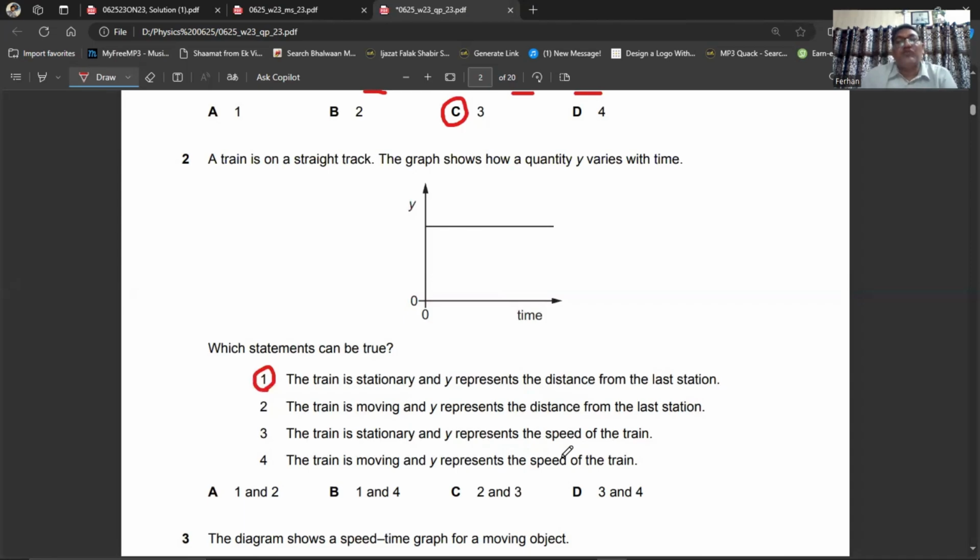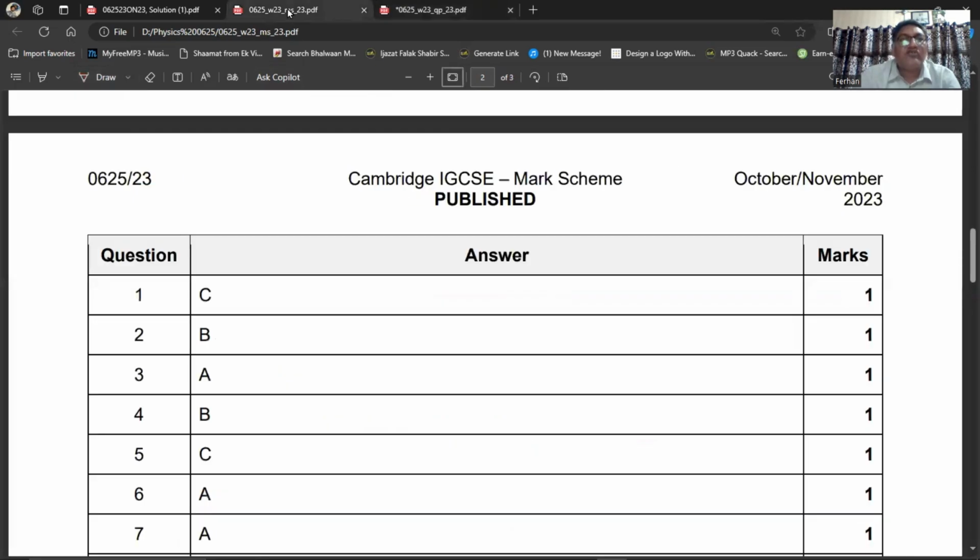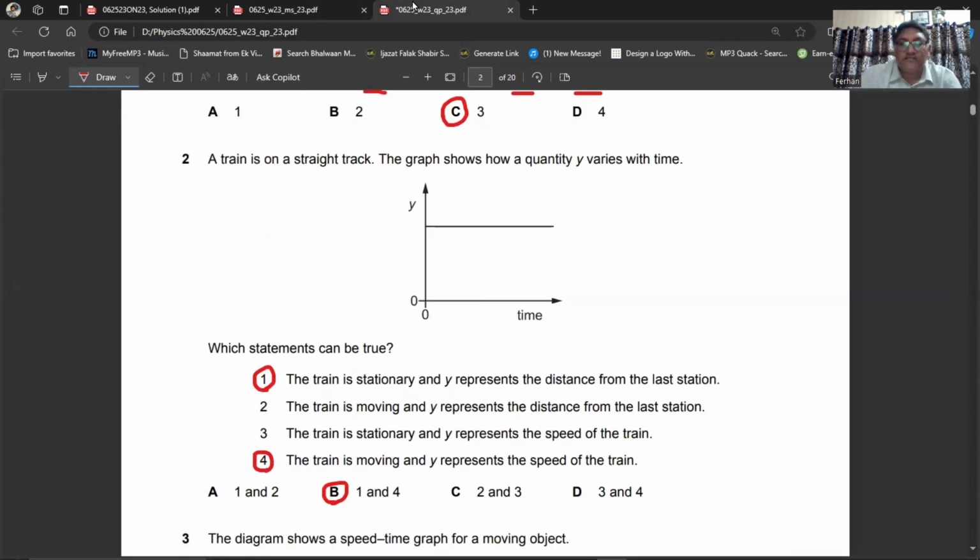I think 4 can be true also. Let's check. I think that for question number 2, options 1 and 4 is the answer. So I think B is the right option.